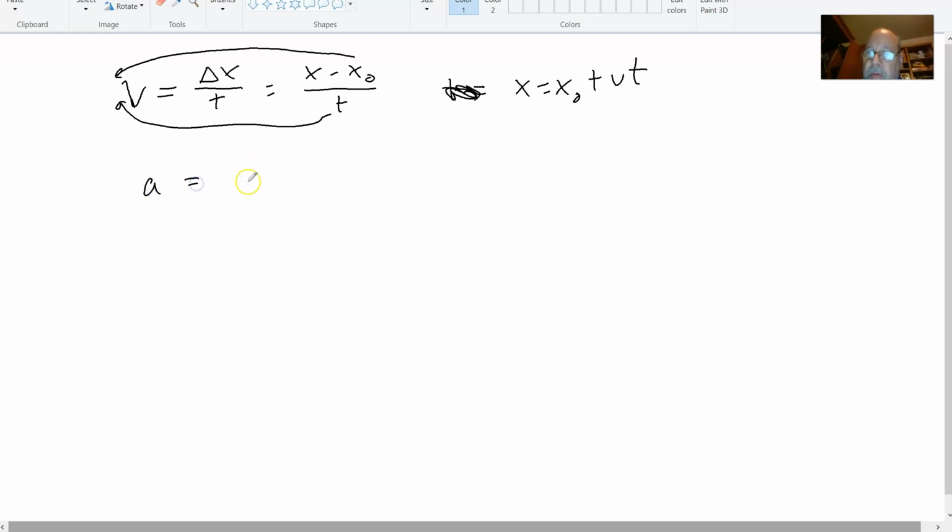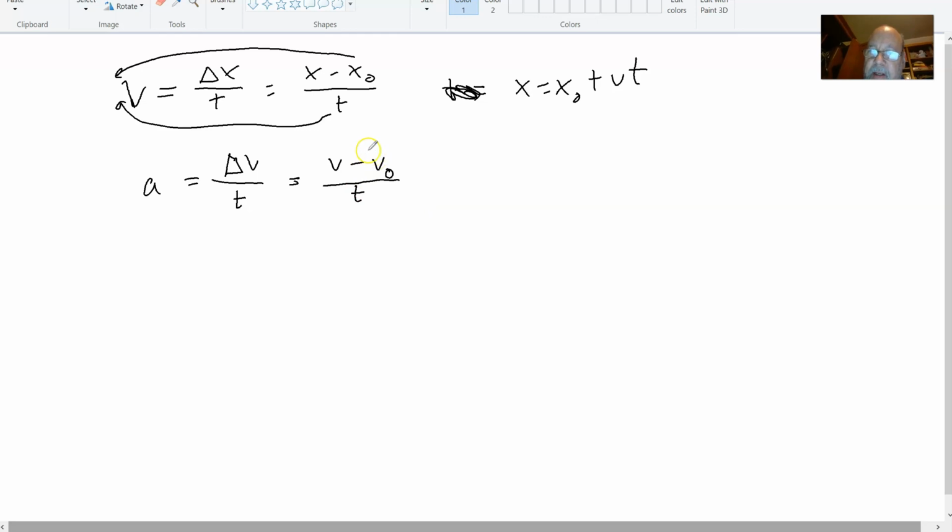We're going to do the same thing with the acceleration formula. We've got acceleration equals the change of velocity divided by time, and we know that change of velocity can be spread out to be v minus v0 over time. Okay, it can be extended to that, and we're going to do the same thing.